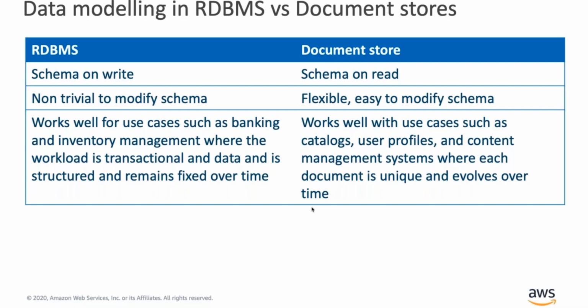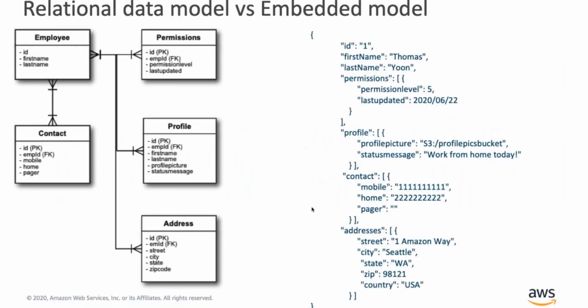This works really well with certain use cases such as catalogs, profiles, content management systems, where each document is unique and the schema evolves with time. So that's something to keep in mind as you model your data for DocumentDB or any other data store for that matter of fact.